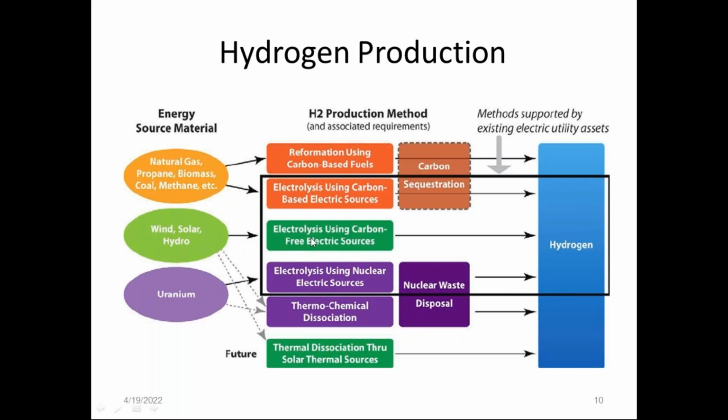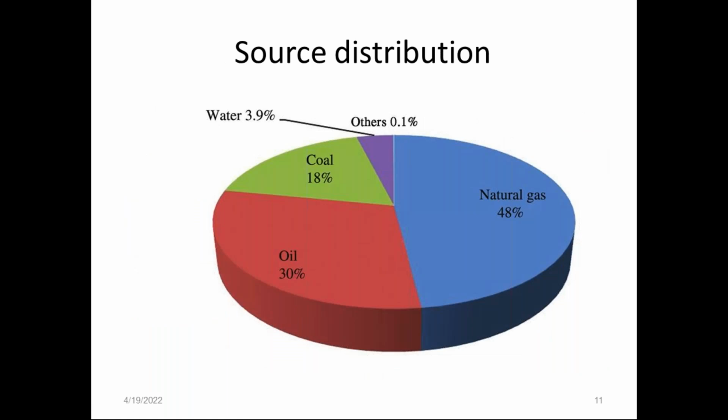If you use solar, it is electrolysis using carbon-free electric sources, and you can also use uranium, where nuclear waste is generated. Thermal dissociation is also possible through solar thermal sources. So this is the distribution of various sources.